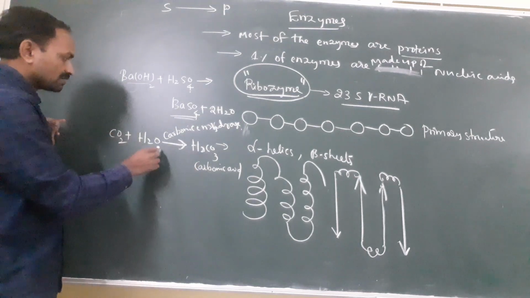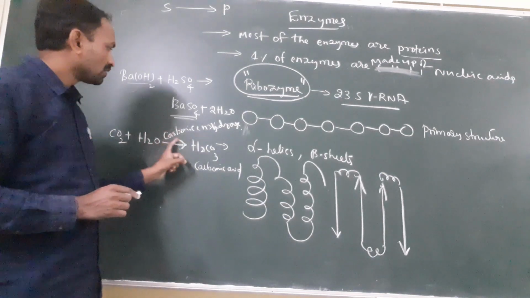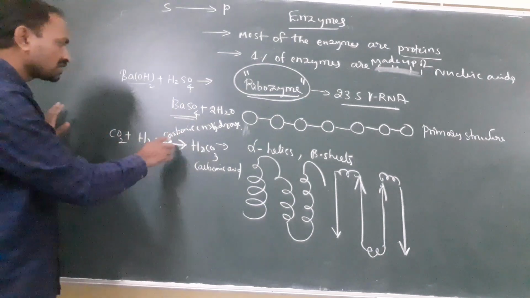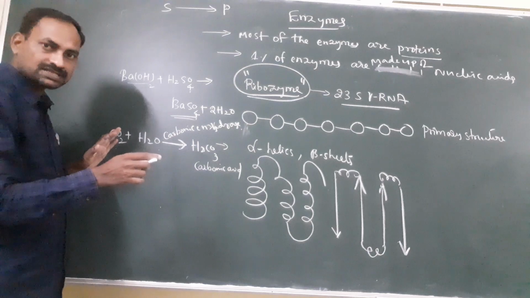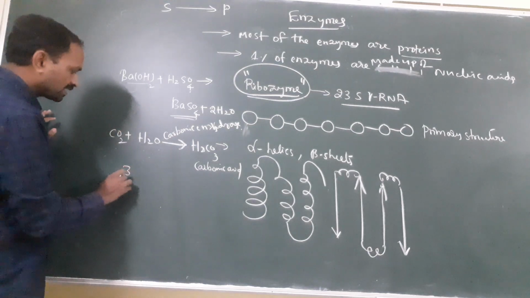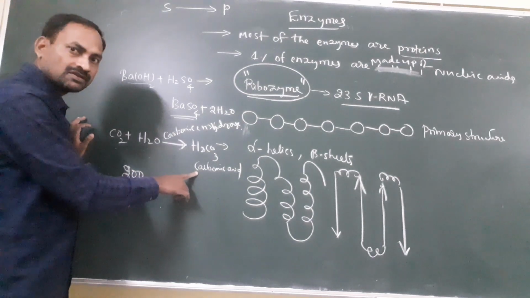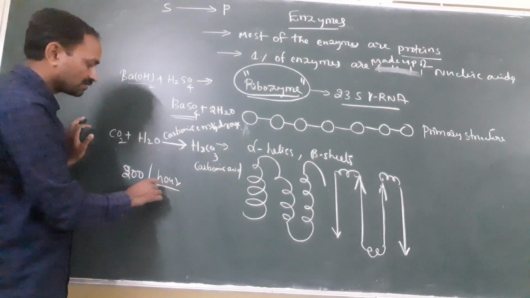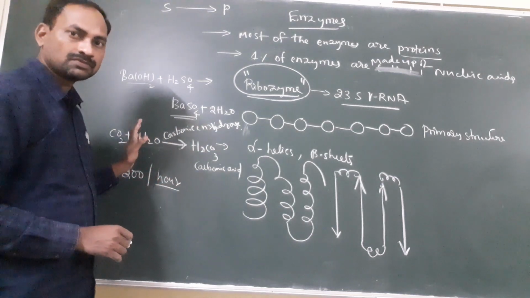So here just see the velocity of this reaction in the absence of carbonic anhydrase. In the absence of carbonic anhydrase, it is a very slow reaction. Generally, 200 molecules of carbonic acid are formed in an hour.